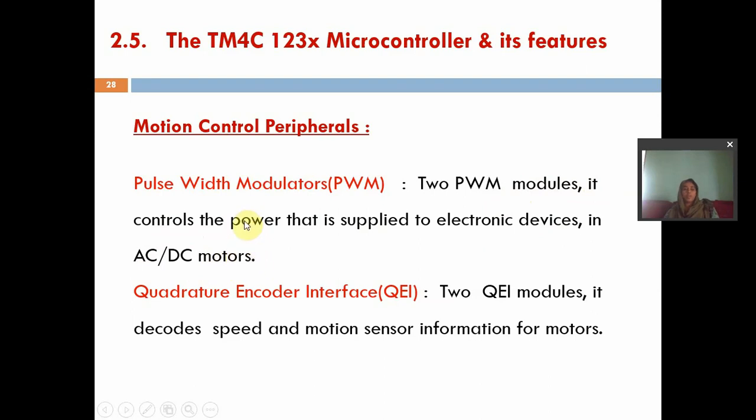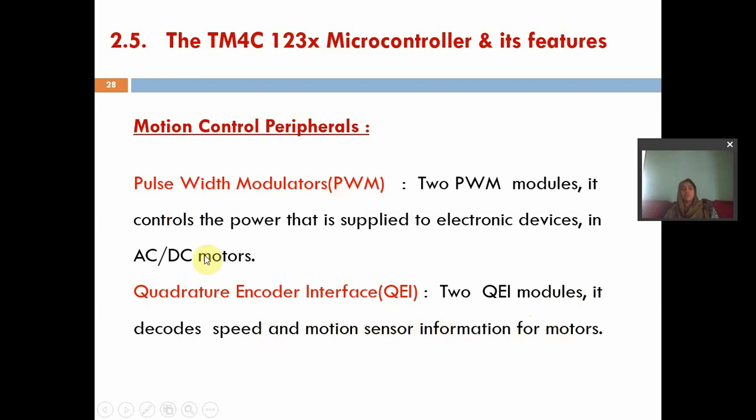To control the power we use PWM in motion control peripherals. The second motion control peripheral is QEI, quadrature encoder interface. We have 2 QEI modules in TM4C123. These mainly decode speed and motion sensor information for motors.